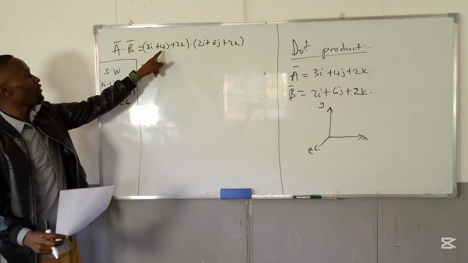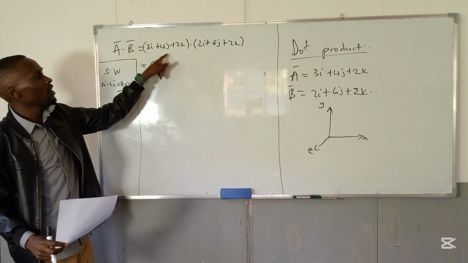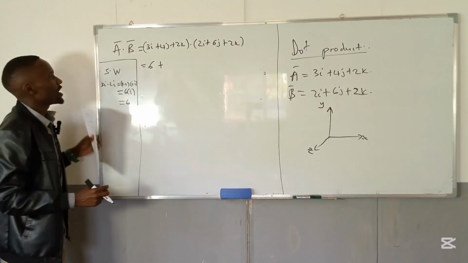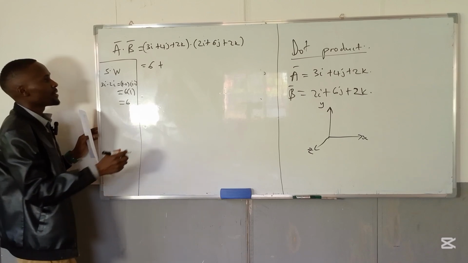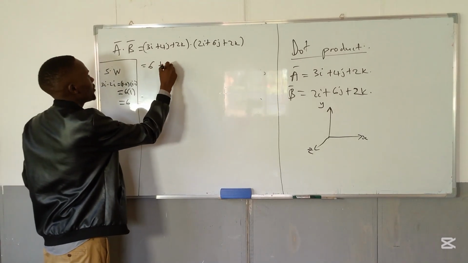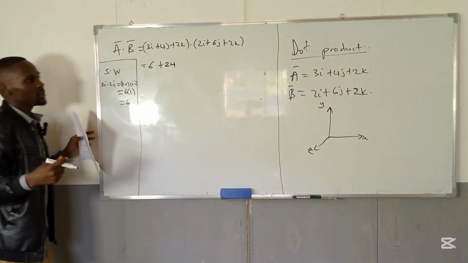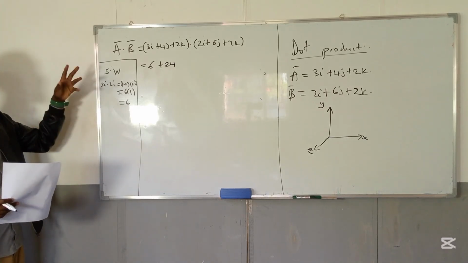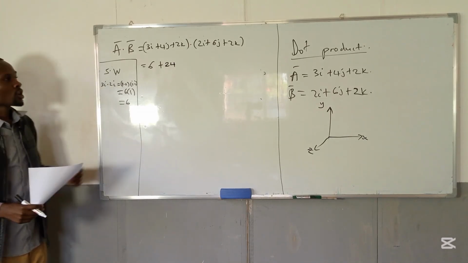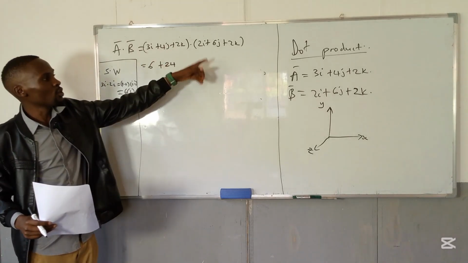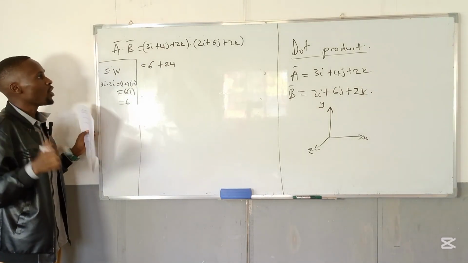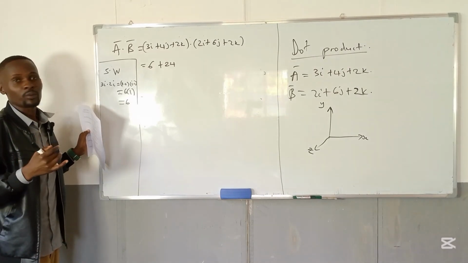Then 4j dot 6j, we shall be having 4 times 6, which is the same as 24. Then j dot j is the same as 1. That means now we shall have eliminated the j. 2k dot 2k will be the same as 2 times 2 is 4. k dot k is 1.